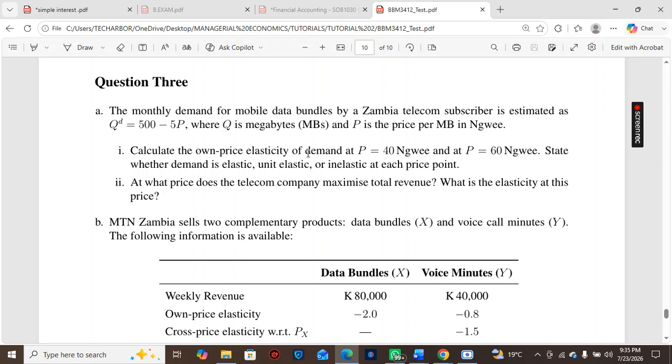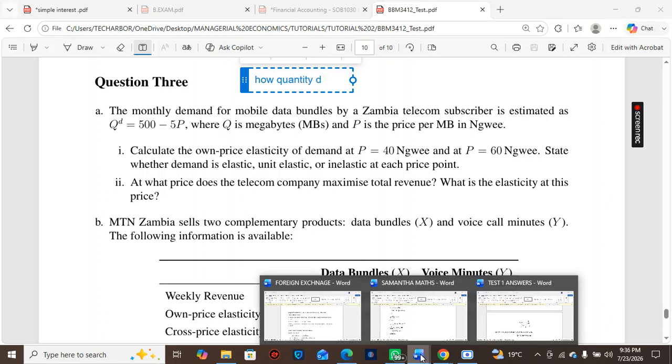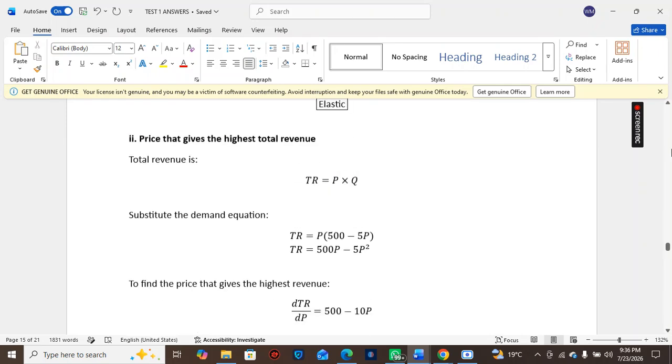Price elasticity of demand, colleagues, is how quantity demanded responds to changes in price. Let me put it here in the answers.